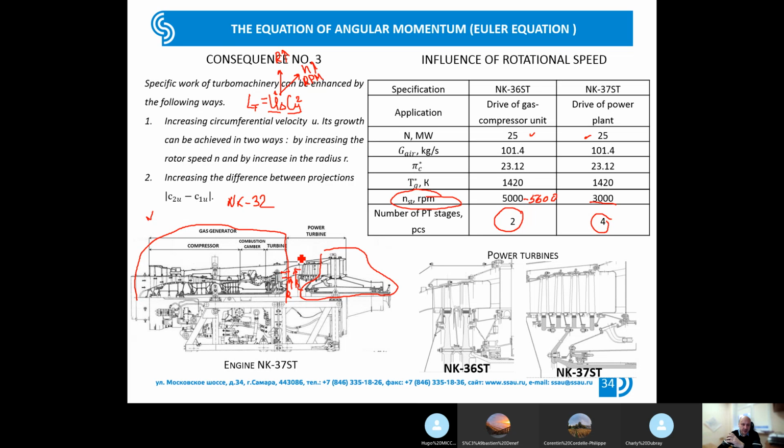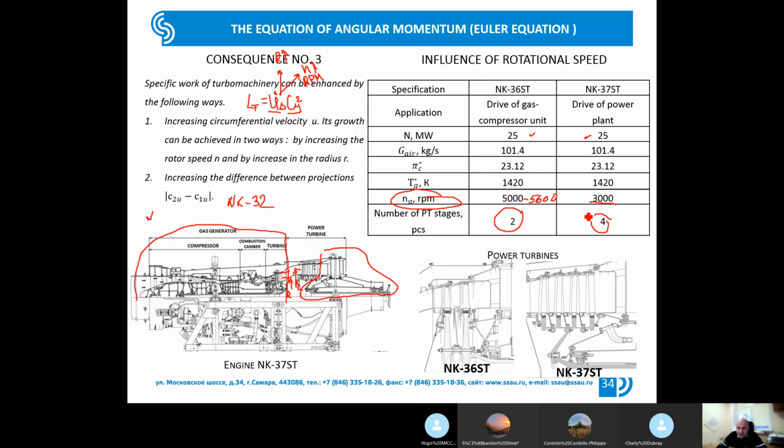And in reality, you will see that the engine looks a little bit strange. You have a rather small diameter gas generator and a big diameter power turbine. Why are such decisions used?